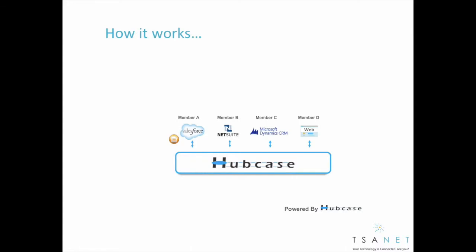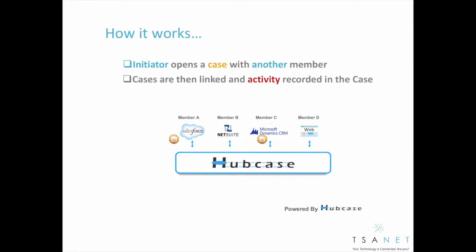If we take a quick look at how it works, this is a very high-level view where we've got an initiator that's going to open a case with another member. You can see it doesn't matter which CRM system or the web the member is using. They're all connected to the same solution. Member A in this instance is connecting with member C, and what happens then is the cases are linked between the two members.